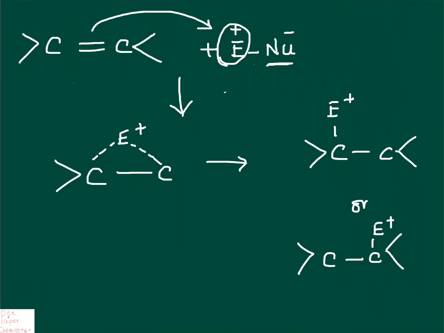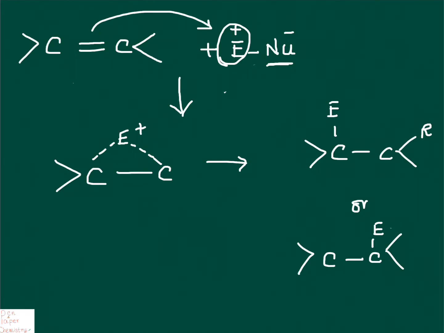You may think that both these structures are the same, but the relevance of this becomes more when we start adding alkyl groups or more carbon atoms to it. Now once the electrophile has got attached to it, its hunger is satisfied. That means it no longer has the positive charge on it.